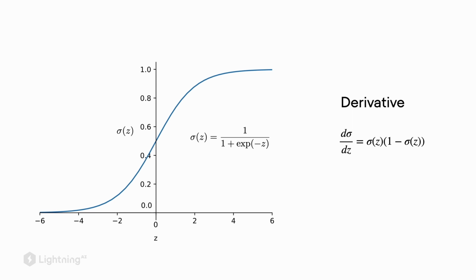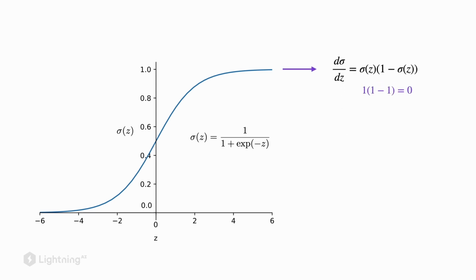Let's look at the extremes first. If we have a very high net input value here on the x-axis, the sigmoid activation will near 1.0. And if we have a sigmoid activation value of 1.0, the derivative 1 times (1 minus 1) is 0. So we have a derivative of 0 in this case. Vice versa, if we have a very negative net input value, the sigmoid activation will output 0, and 0 times (1 minus 0) is 0.